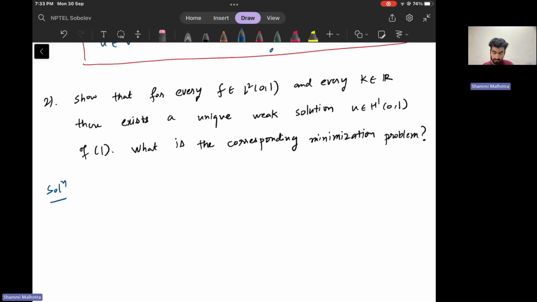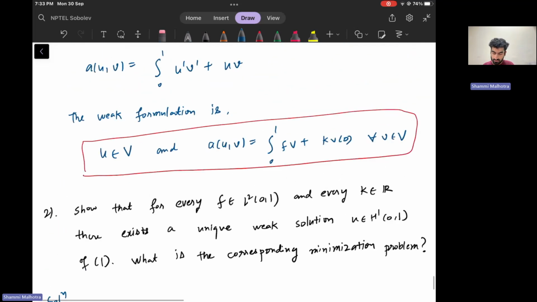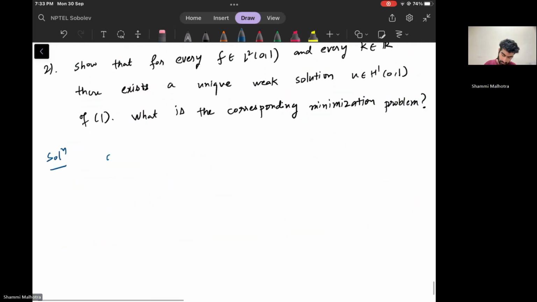So clearly this a(u,v) which we have defined is integration 0 to 1 u' v' plus integration 0 to 1 uv.